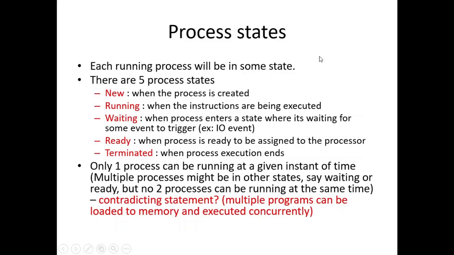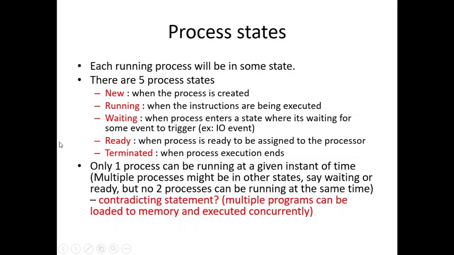There might be cases where a process, when it is running, needs some IO event to happen. It might wait for some IO event to happen. In that case, we say that the process has gone into the waiting state. And finally, when the process execution ends, we say that it has terminated. So it has come into the terminated state.